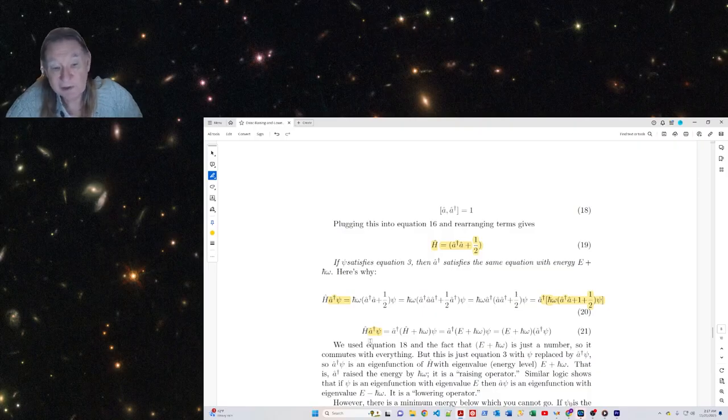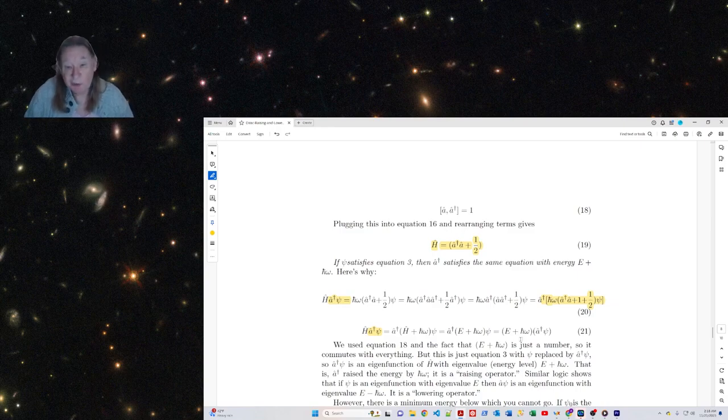And if you look at this, this says that the Hamiltonian, acting on A dagger psi, gives you back a multiple of A dagger psi. So this is another eigenvalue equation. And the eigenfunction is A dagger psi, and the eigenvalue is E plus ħω.